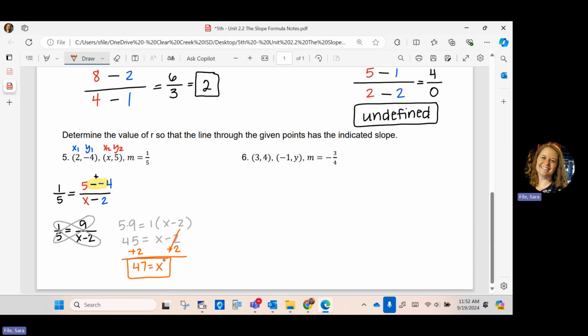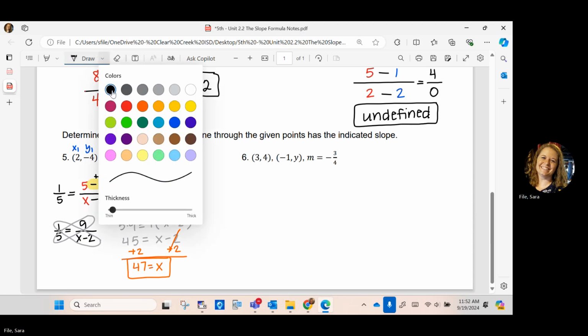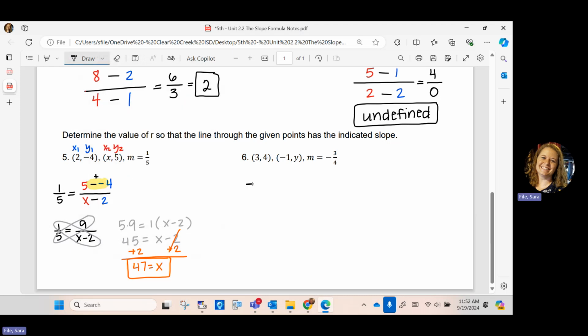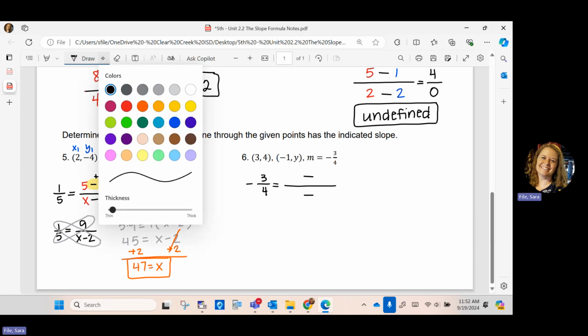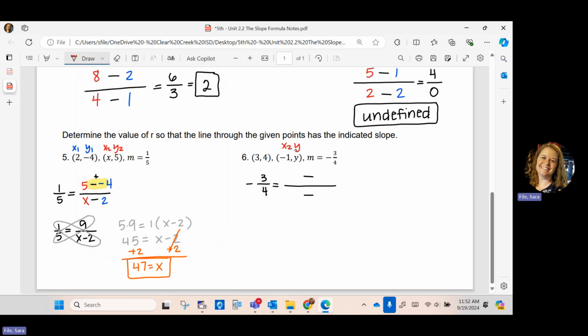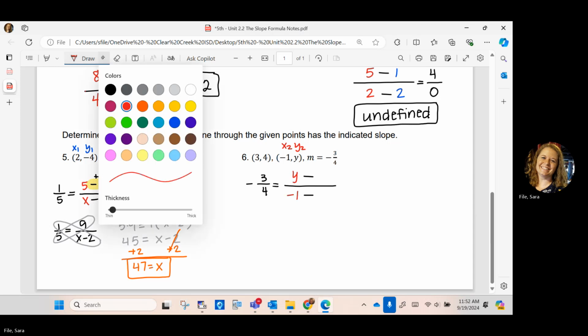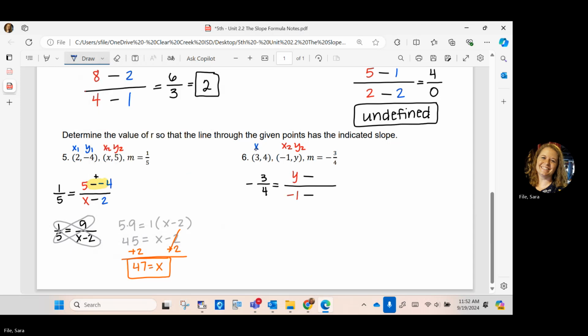Okay, I'm going to try that one more time with this one. So I'm going to input my slope equals the change in y over the change in x, and I've got x2, y2 here, x1, y1 here.